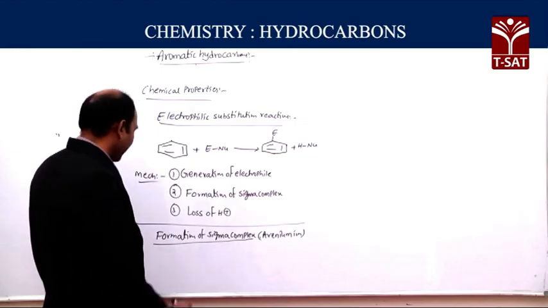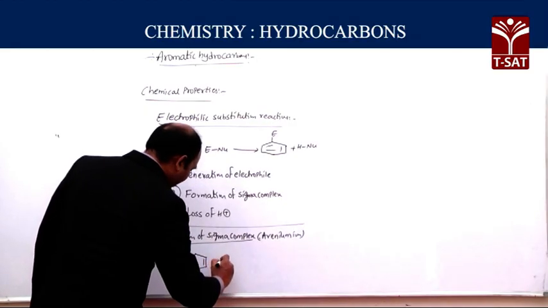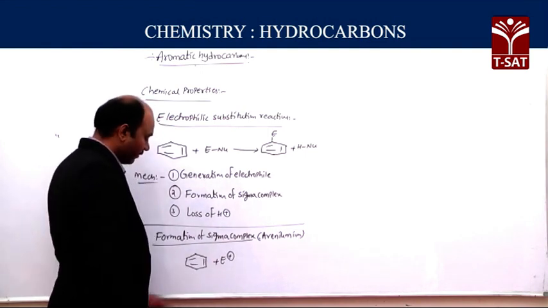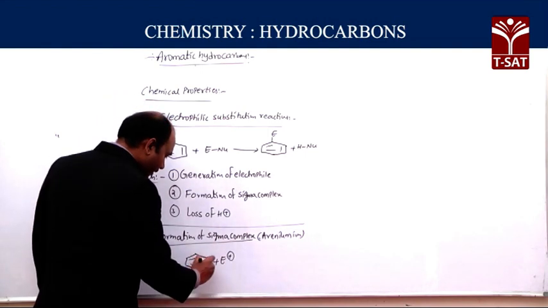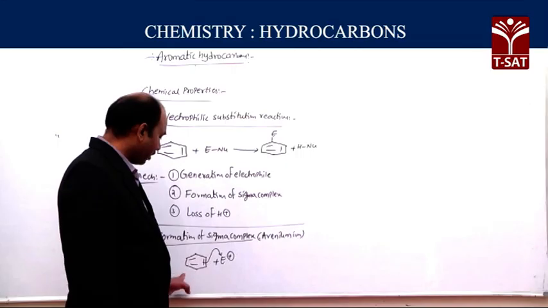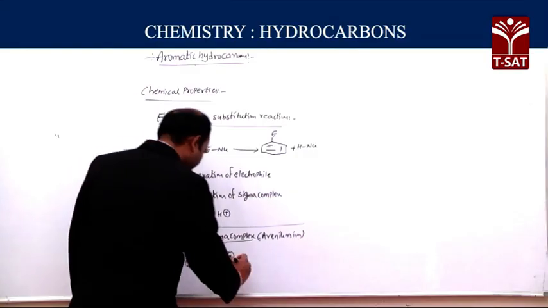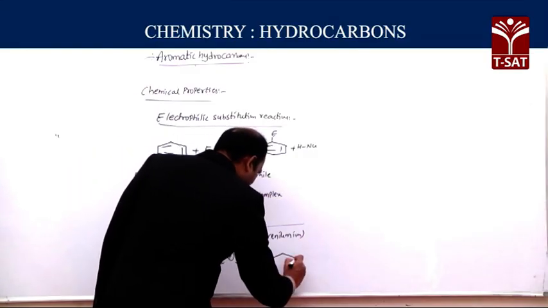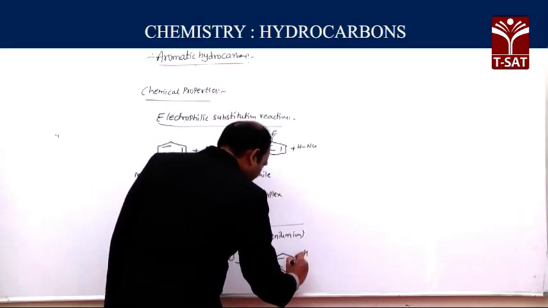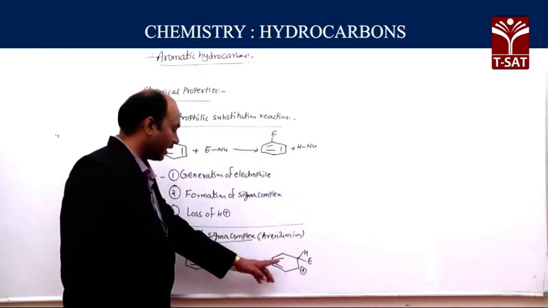This is benzene, and the electrophile is already generated. The electrophile attacks benzene, but we indicate the arrow from benzene to the electrophile, because we always indicate the arrow from high electron density to low electron density. Here there is a double bond, here H and E, and a positive charge. This is the cyclohexadienyl cation.